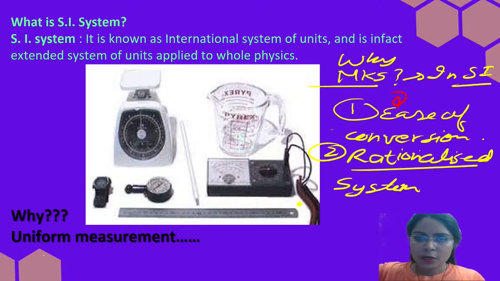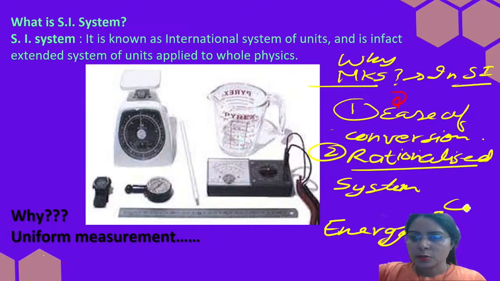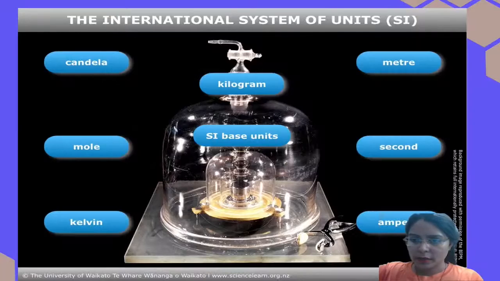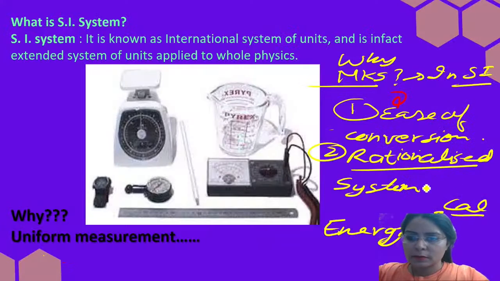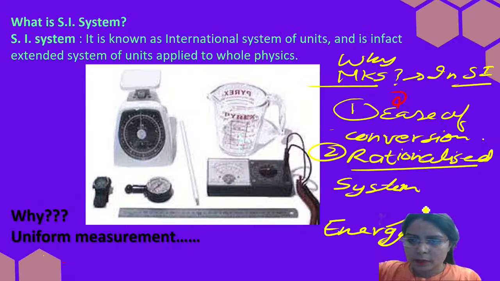So I can say energy, I have burned 100 kilocalories, so that is the first unit of energy. Okay, that is the first unit I'm going to define, that is a calorie.